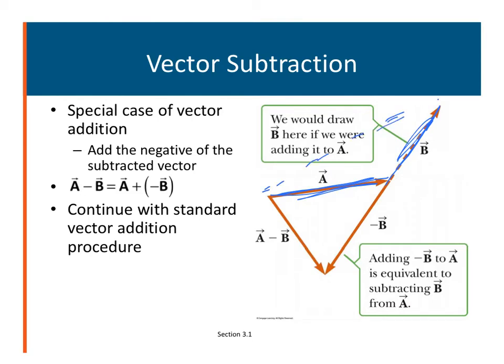But we want to subtract, so really we're adding the negative of B. So the negative of B is just 180 degrees off, and the same magnitude in the other direction. So that gives us our resultant right here of vector A minus vector B.